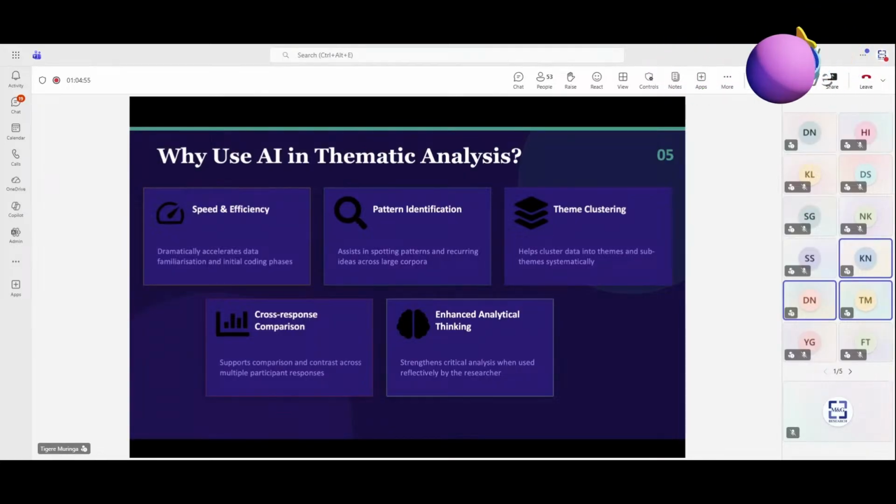I know of a number of studies conducted in China and the USA where examiners were given two PhD theses. The thematic analysis of one was conducted using an LLM, and the other was done by a PhD student, and they were compared in terms of depth and critical analysis.